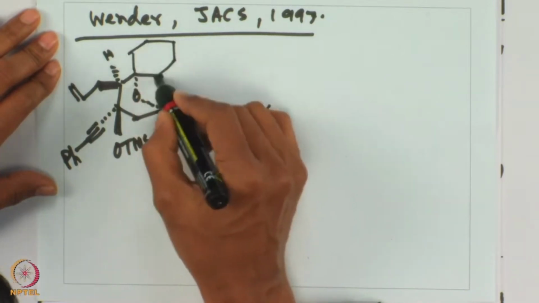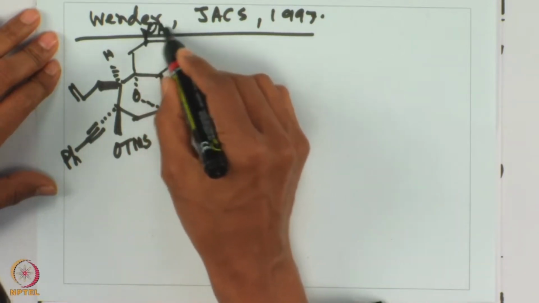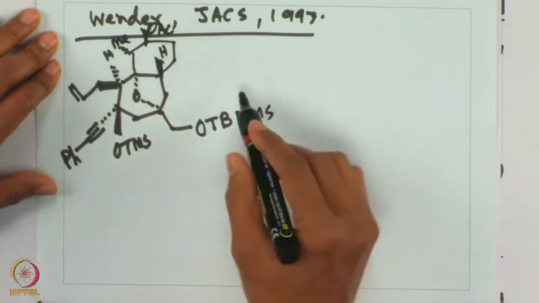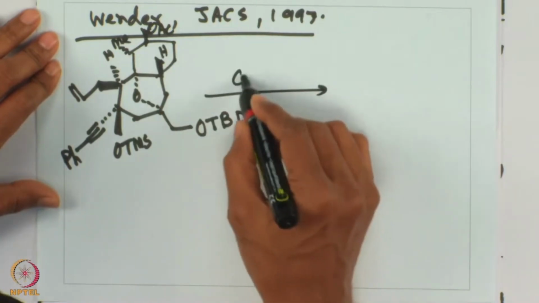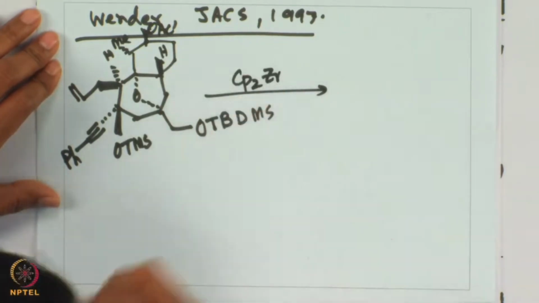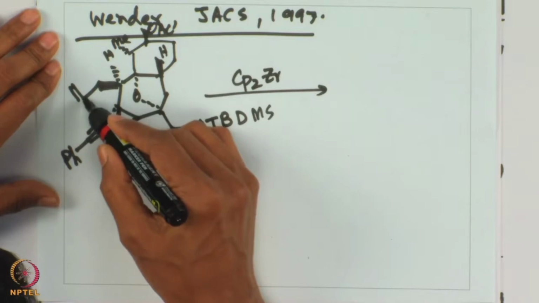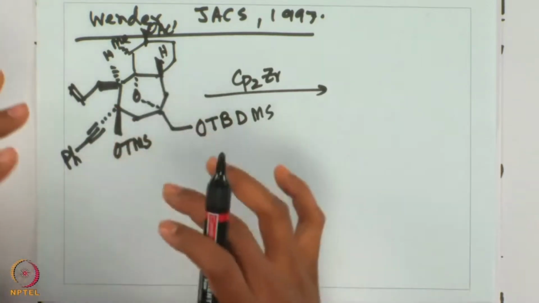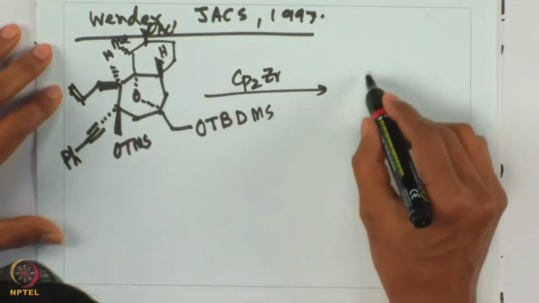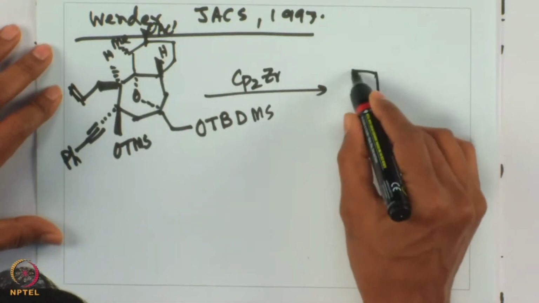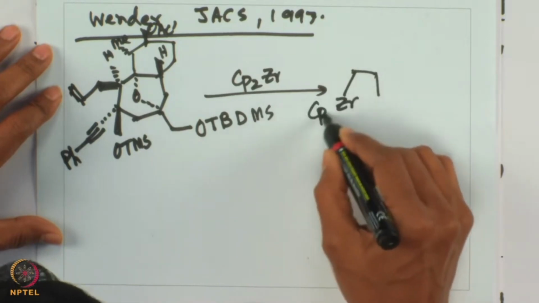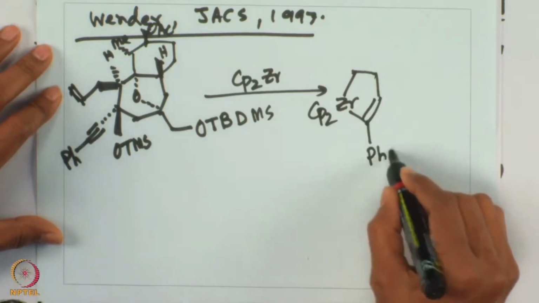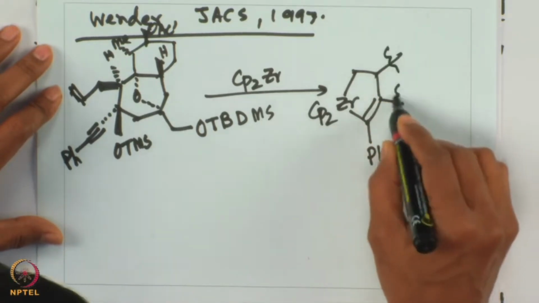Now, we have a 6-membered intermediate as well, where OAc and methyl are there, and then we have a hydrogen up there. From this intermediate, if you have the cyclopentadienyl zirconium, what once again you can put together is this olefin and the alkyne can be incorporated, stitched together. So, let us not draw the remaining part. Simply we can have the zirconium Cp2 intermediate that is incorporated into the substrate to give rise to, we are not drawing the rest of the intermediate.